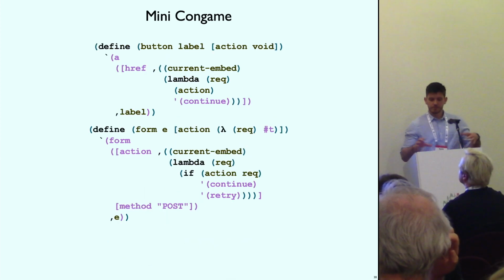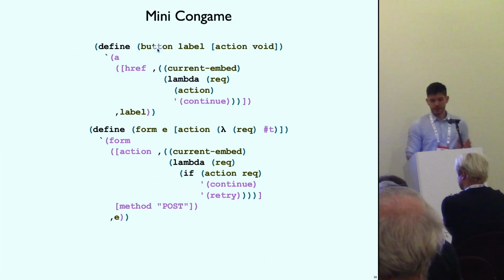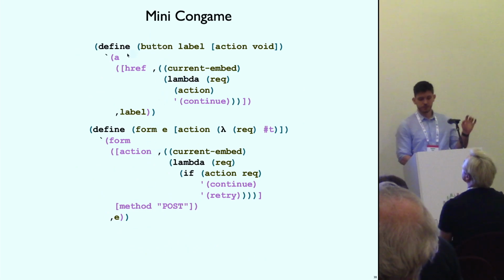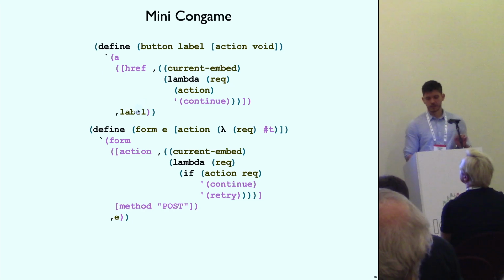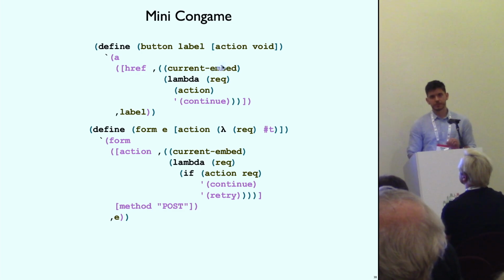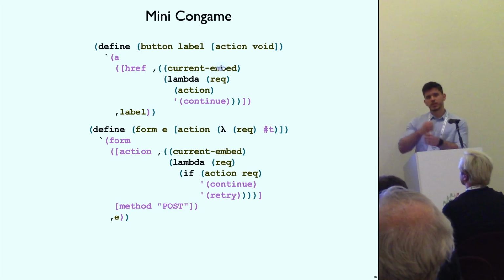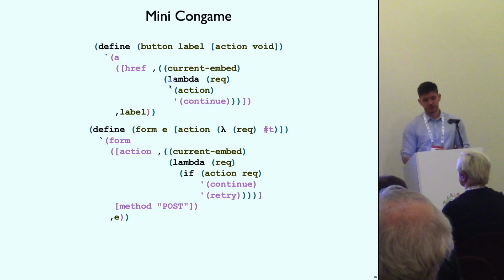And then widgets look a bit like this. We could have a button widget or a form widget. A button just generates an anchor with a label and a target URL that uses that embed function that we got from send suspend dispatch to map this function to a URL.